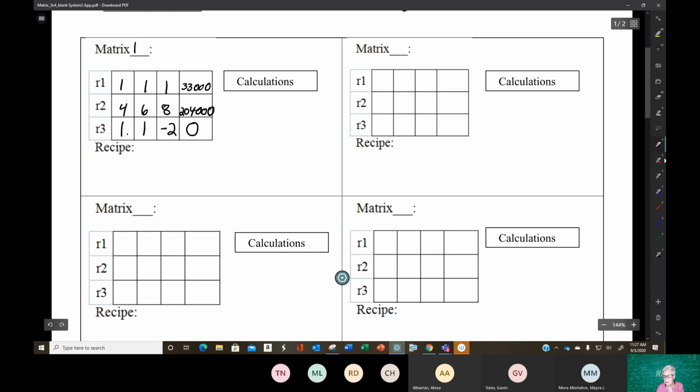My first job is to take this 4 and turn it into a 0 by doing row ops. So I'm going to take negative 4 times row 1, so that I can get a negative 4 up here and add it to 4. I'm just going to leave row 2 the way it is, and that will give me my new row 2.